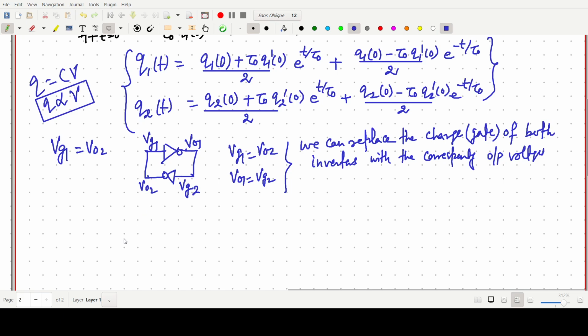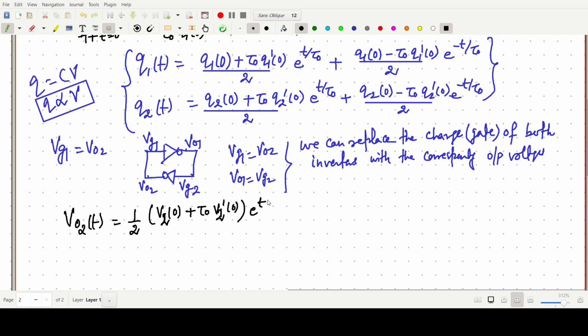So directly we can write the value of V naught 2 of T will be very simple, 1 by 2 V1 naught plus tau naught V1 dash naught. Okay, clear? When we are writing for V naught 2, we have to write it 2, no?